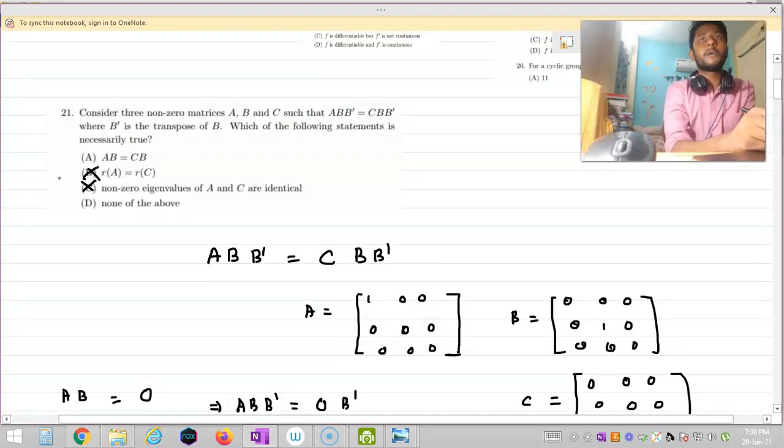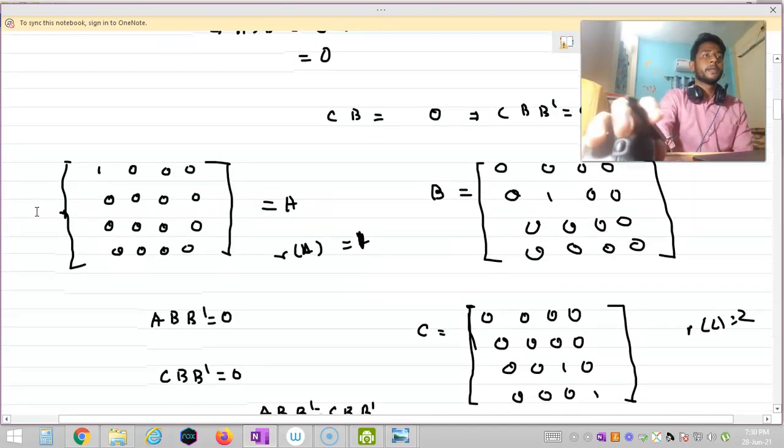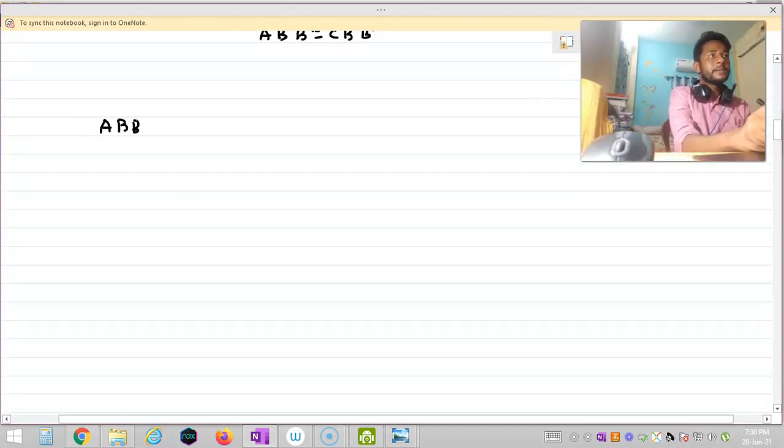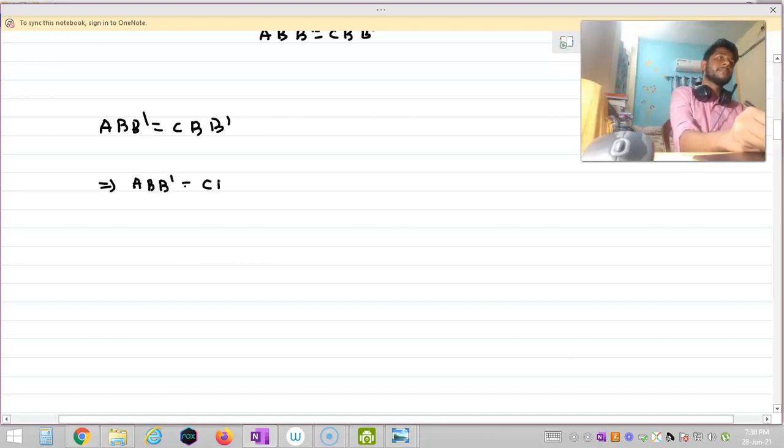Now let us talk about option A. The statement says A B B' equals C B B'. Taking this to the left hand side, I am writing A B B' minus C B B' is equal to 0.